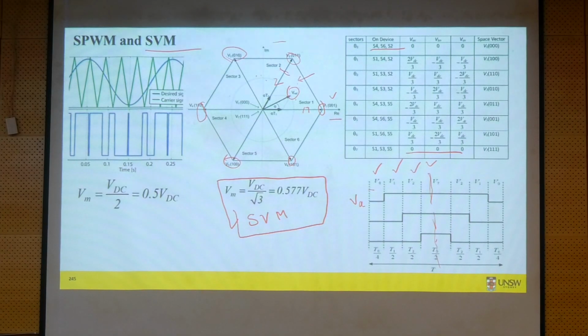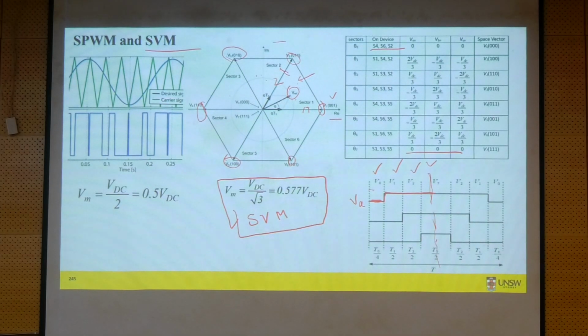V0 needs to be turned on for a certain time, and V1, V2, and V7 need to be on for other times, so that the space vector is calculated for each phase. It's an algorithm, and a very well-known one, so you can just use what has already been developed to get your SVM.